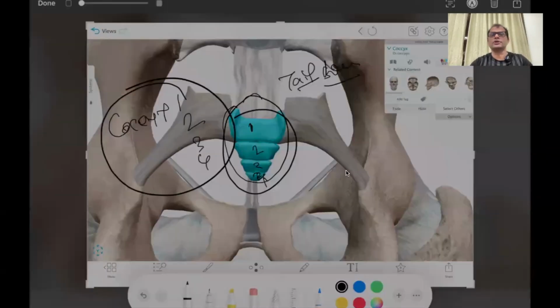If you look at a dog or any animal that has a tail, it is very long and they have too many bones in the tail. Let's see this image.